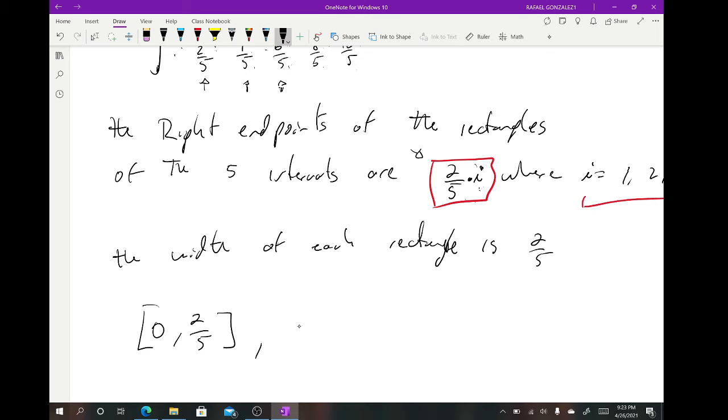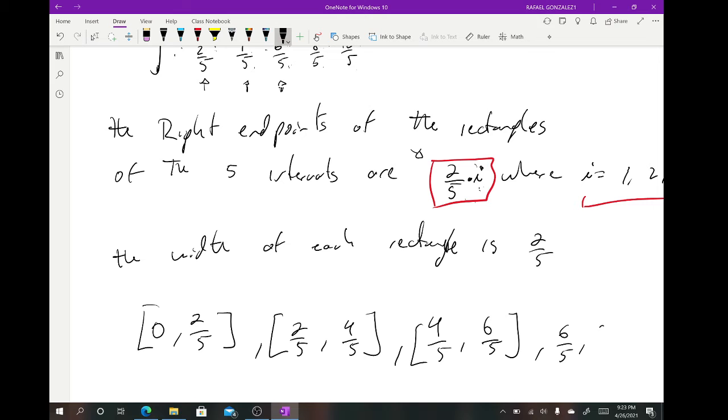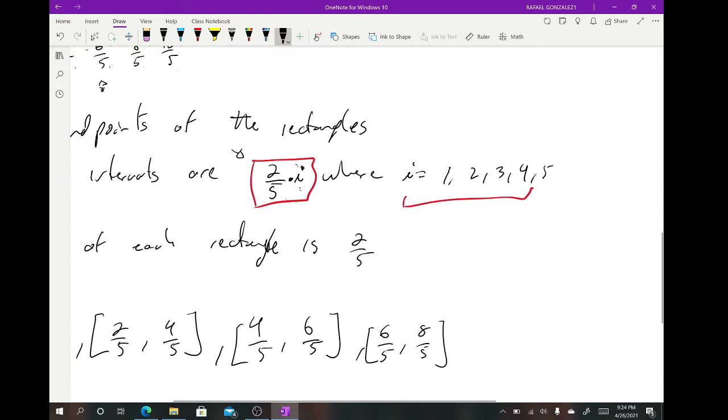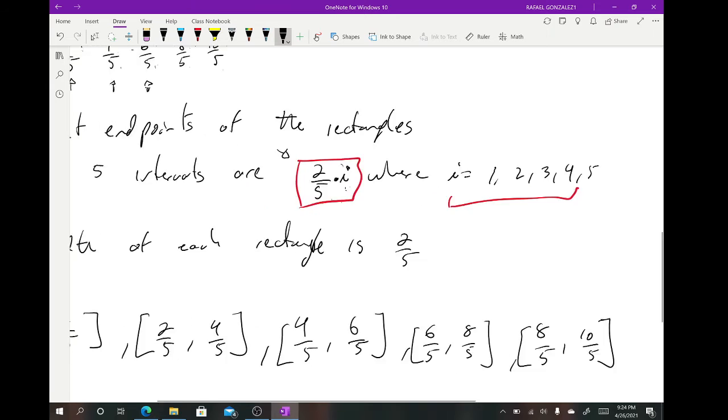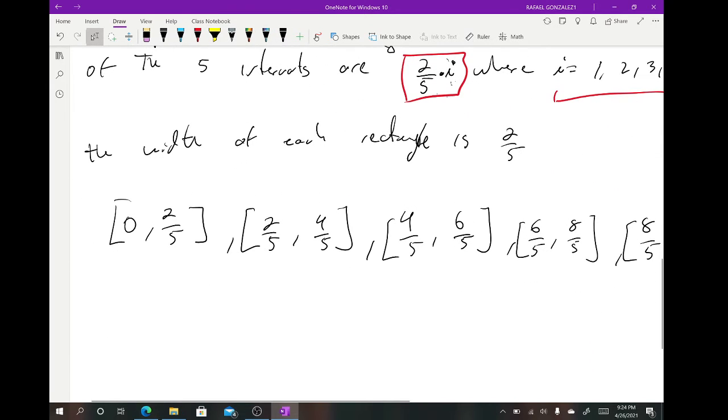So the intervals are 0 to 2 over 5, 2 over 5 to 4 over 5, 4 over 5 to 6 over 5, 6 over 5 to 8 over 5. Notice that the endpoints are included. And 8 over 5 to 10 over 5. Okay, so these are the 5 intervals.